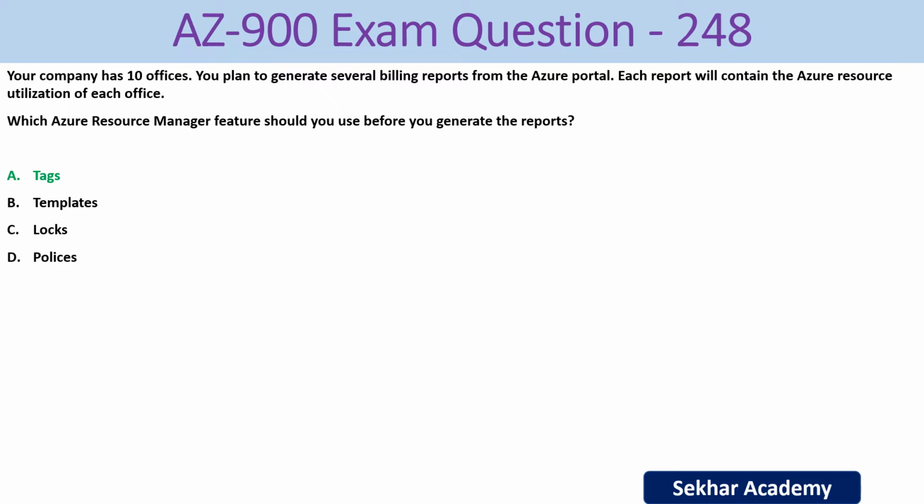For example, the location you are choosing for the resource is office 1. When all the Azure resources are tagged, you can generate reports of all the resources based on the value of the tag. For example, all resources used by office 1.